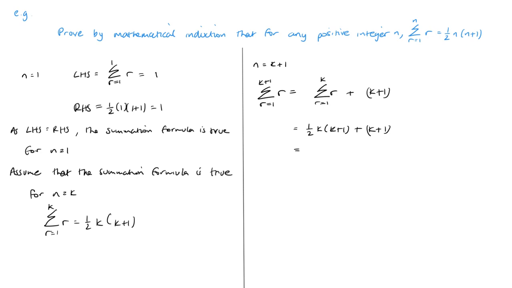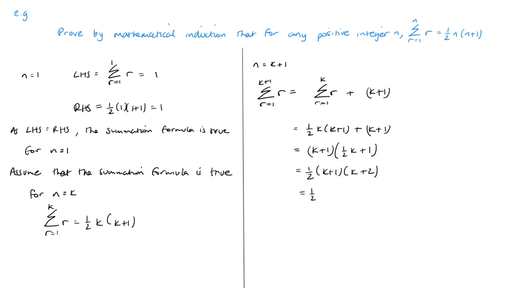At the moment I can't see that, but let's factorize out the k plus 1, and that leaves me a half k plus 1. And then if I take that half outside, that gives me a half k plus 2, because the half times k is a half k, and the half times 2 is the 1.